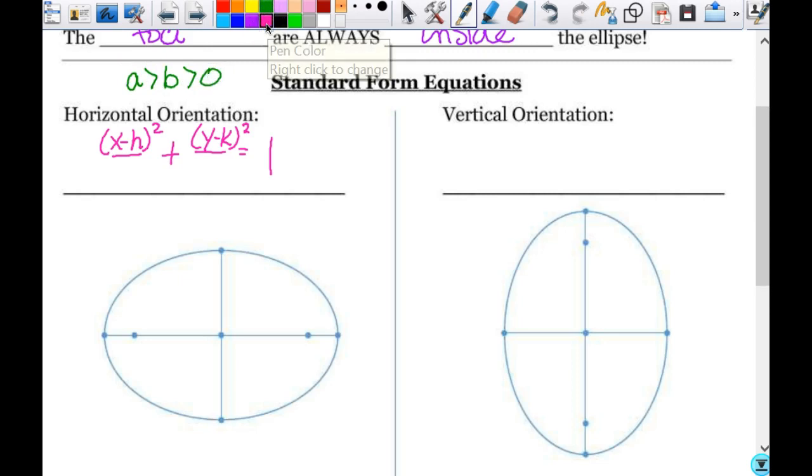And so the reason it's horizontal is because a goes with x, so this is a squared and this is b squared. For the vertical orientation formula, what's the only thing that changes? The numerators. Good. The numerators just switch places, so this gives me x minus h squared over b squared plus y minus k squared over a squared equals what?